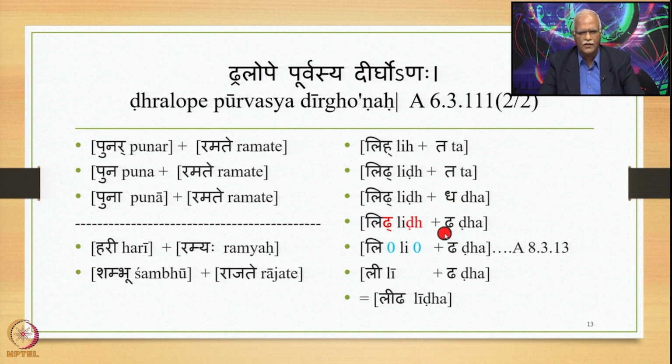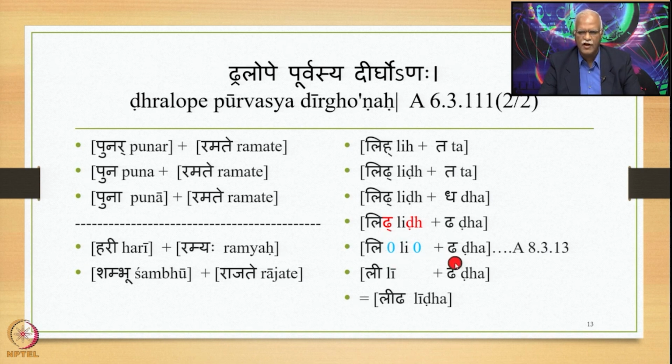Then dhodhelopaha 8-3-13 applies and substitutes this dh by 0. So we have li plus dh, and then the an, that is i, that comes immediately before this dh is lengthened. So we have li plus dh. So this dh is the environment in which the earlier dh got deleted or 0 substituted.